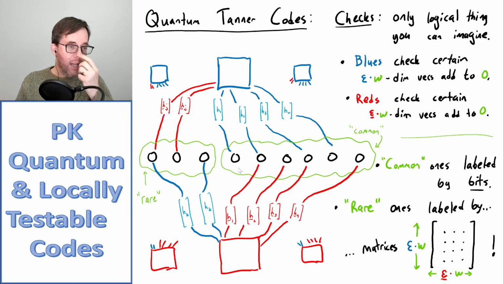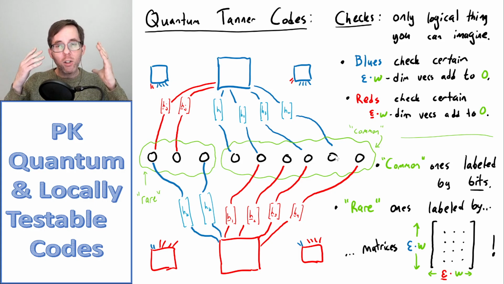So how do you decide if a labeling for these green sites or vertices is a code word? Is it a blue code word and is it a red code word? Well, what does it mean for a labeling here to pass the blue checks? Remember, a labeling here is one of these matrices of bits for each of the rare sites and just a single bit for each of the common sites.